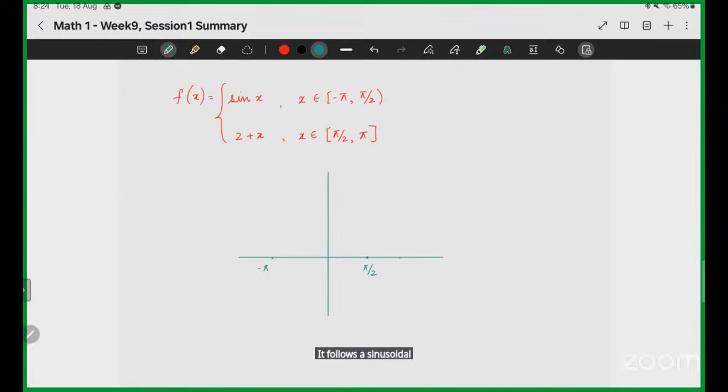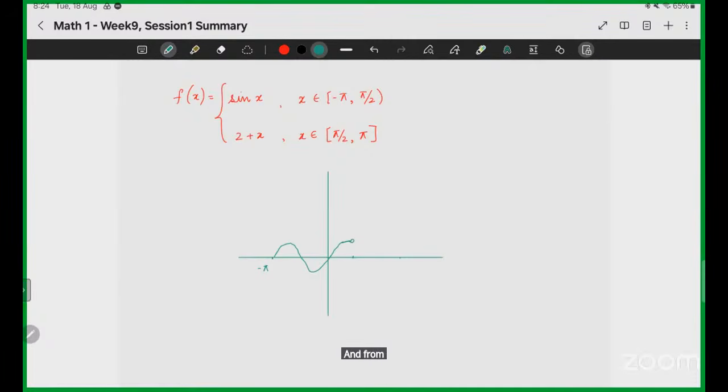So it's this. Probably pi by 2, let's just keep it somewhere over here. One full cycle, right? So here, this point is not included.